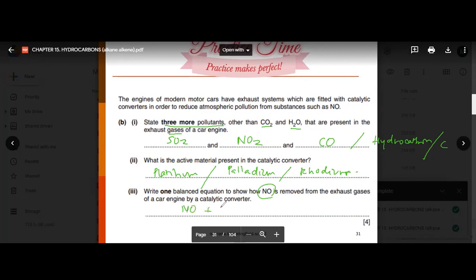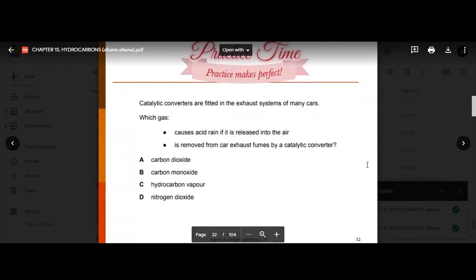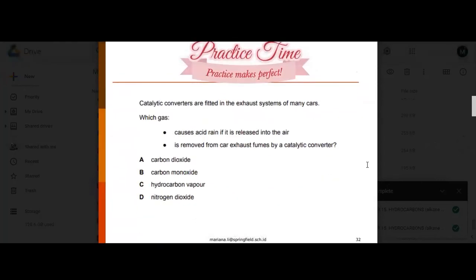NO plus CO gives N2 plus CO2. Balance this. If all is correct, 4 points. Okay, next question.